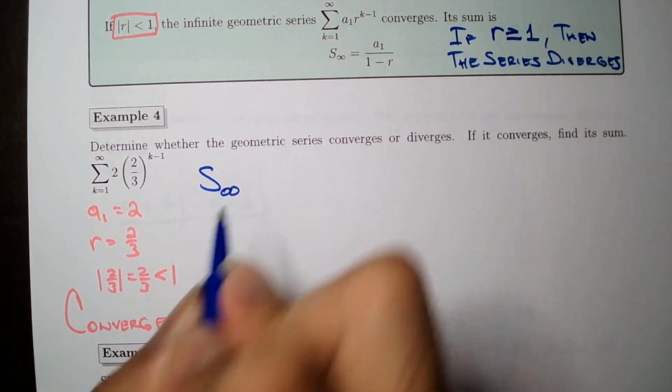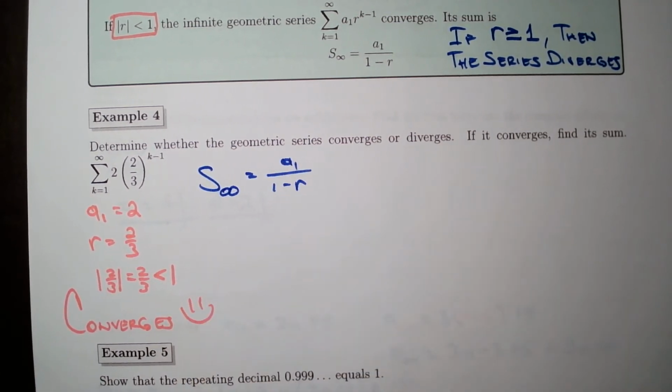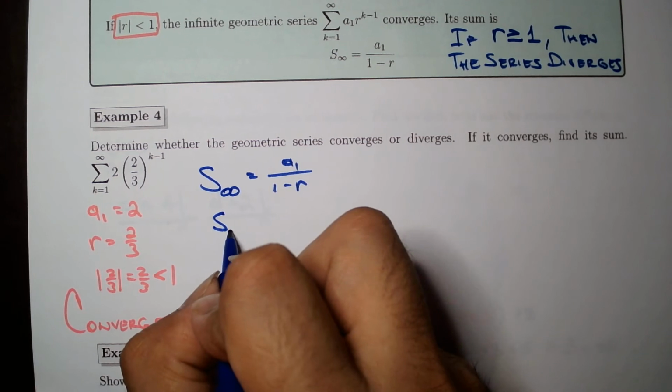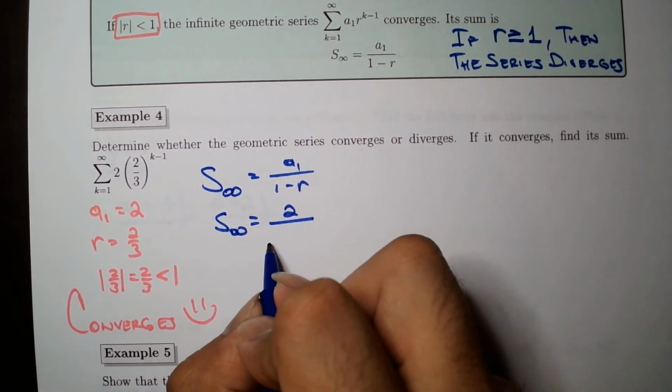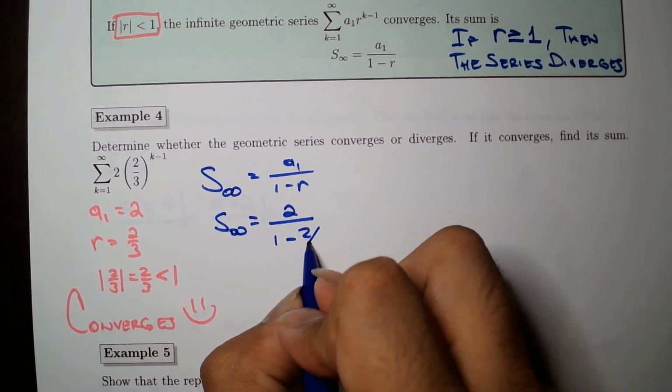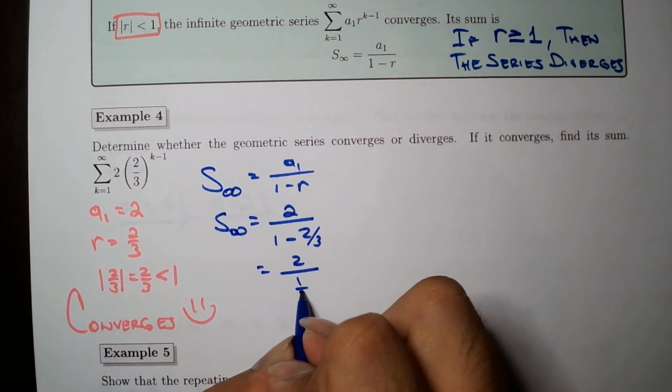S sub infinity, that's a sub 1 over 1 minus r. So the infinite sum is the first term, which is 2, divided by 1 minus 2/3. But what is 1 minus 2/3? Isn't that 1/3?